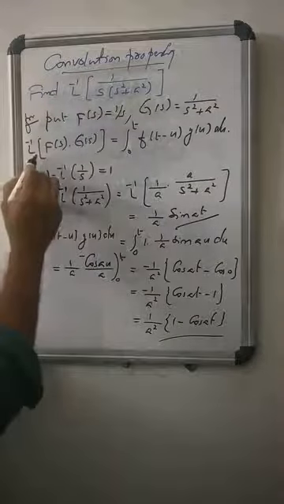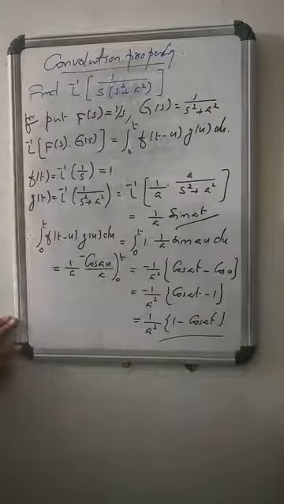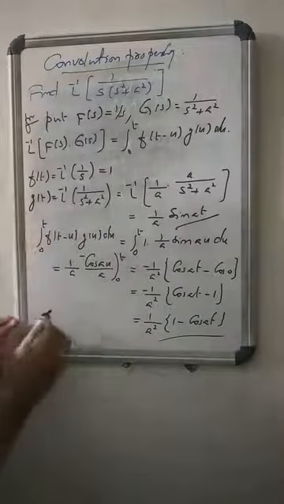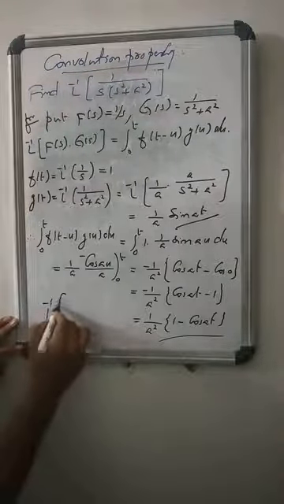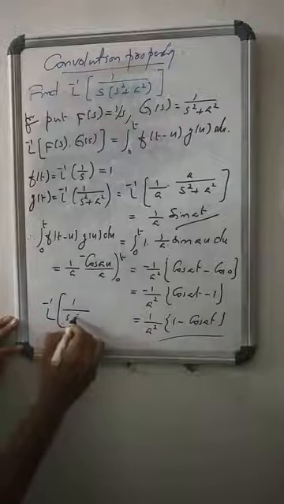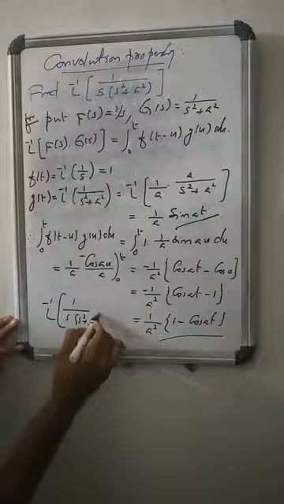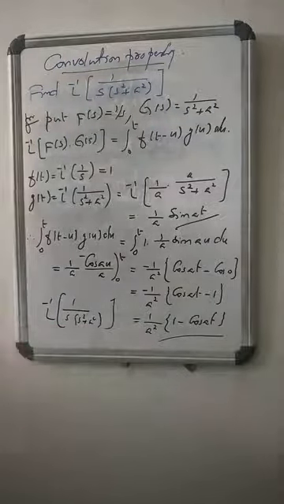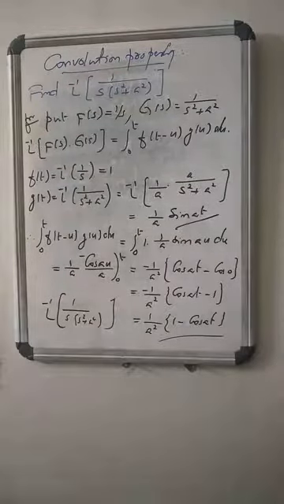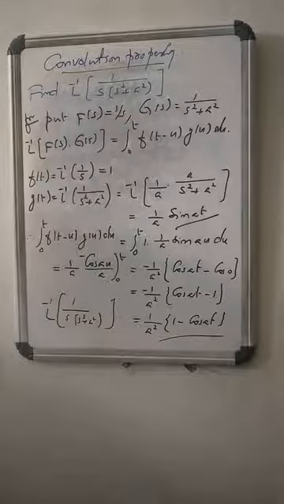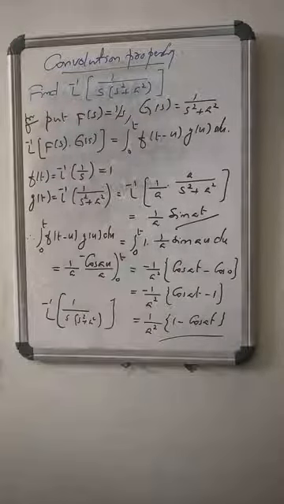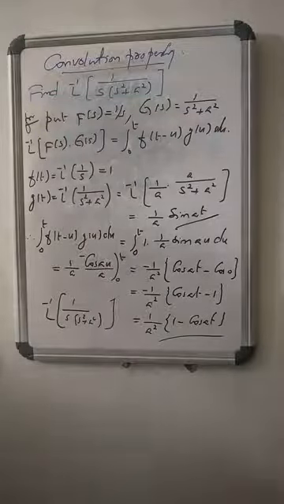This is L inverse of f of s into g of s, that is L inverse of 1 by s into (s square plus a square) equals 1 by a square into (1 minus cos at). Clear? Right. So this is the method to solve the problem by using convolution.